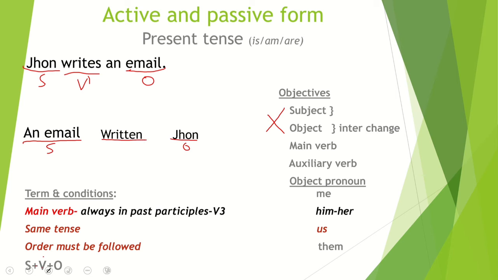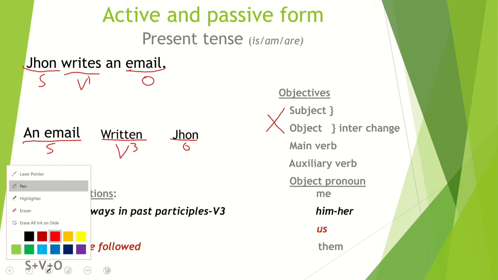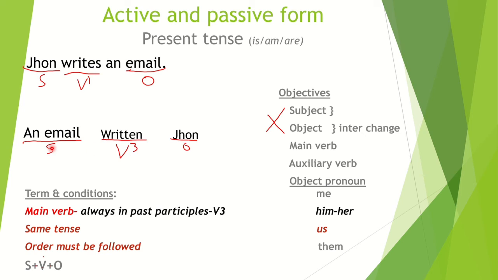So this is our main verb in the third form. Now, an email written John. Is it right? Almost, our passive voice is finished, but I have to change some helping verb, that is auxiliary verb, because it is a singular subject, and email is a singular subject.